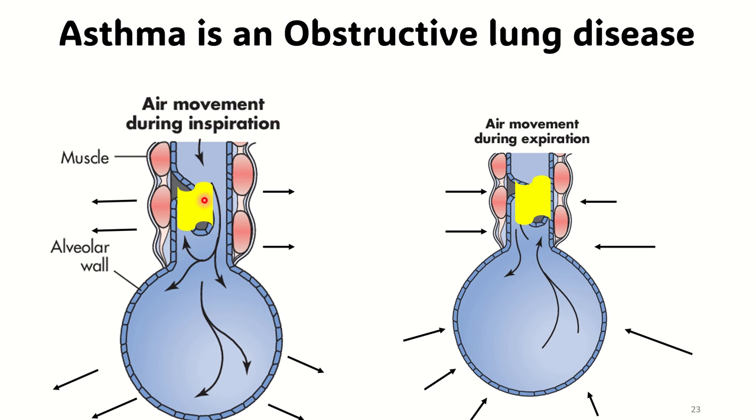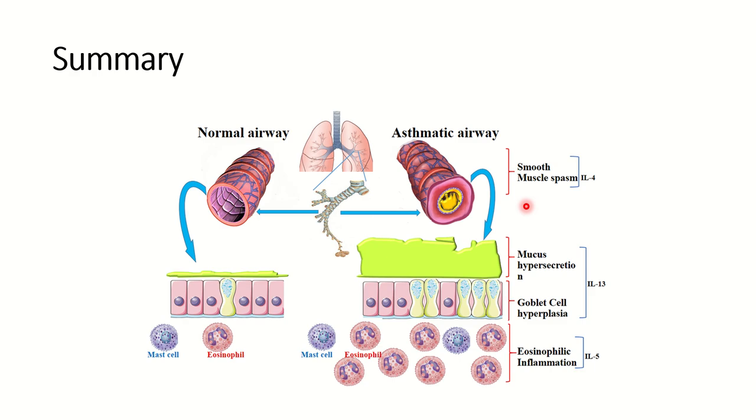So the partial blockage which was there during inspiration now becomes a complete blockade, and air gets trapped within the alveoli. So in most obstructive lung disorders, the problem will be during expiration, because during inspiration the caliber of the airways will open slightly, but during expiration they will fully close off.